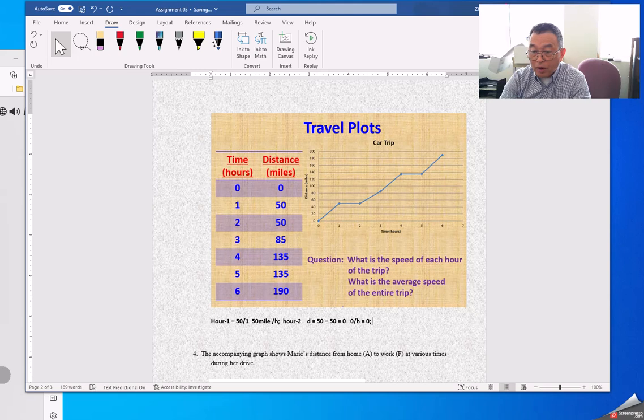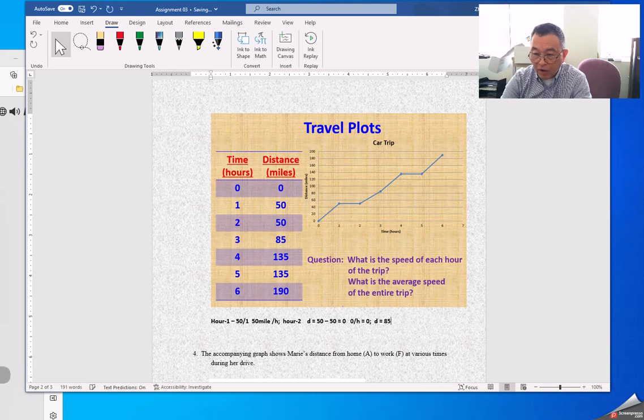And the third hour, you do the last one, okay? What's the speed in the third hour? It's from hour 3 to 4. The distance it travels actually goes from 50 to 85.